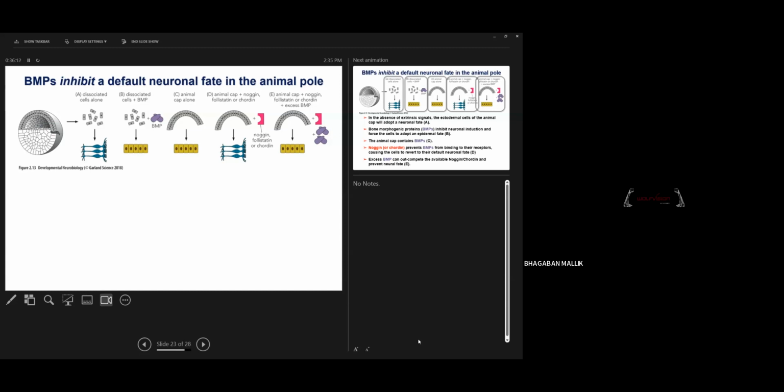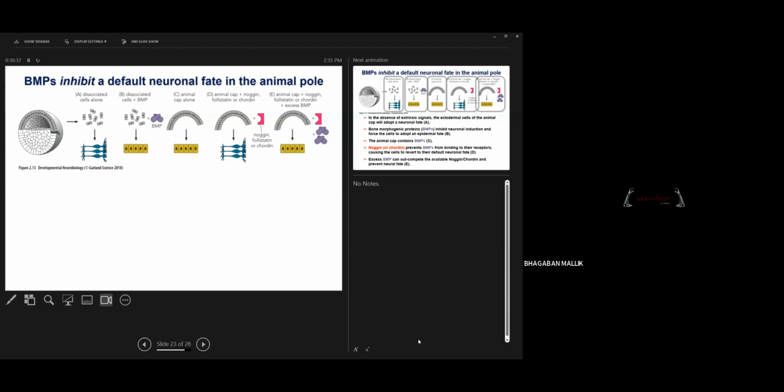When you kill that dorsal blastopore lip by UV treatment, you have loss of the dorsal nervous tissue. But when you treat the ventralized embryo with noggin mRNA, noggin protein or noggin cDNA, you are able to restore the dorsal nervous tissue.